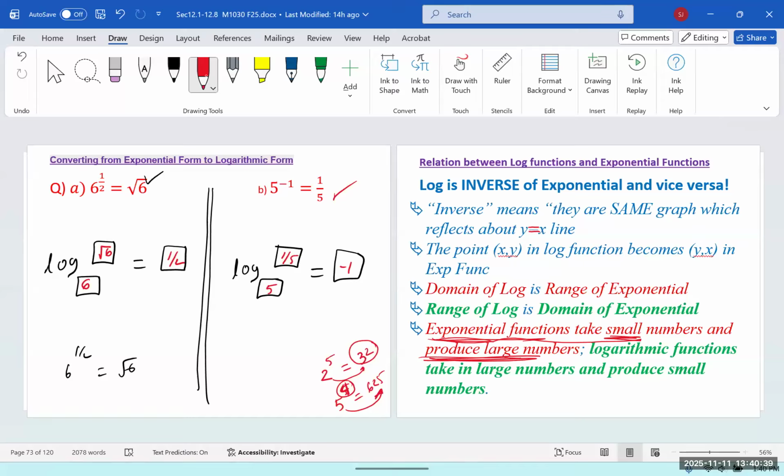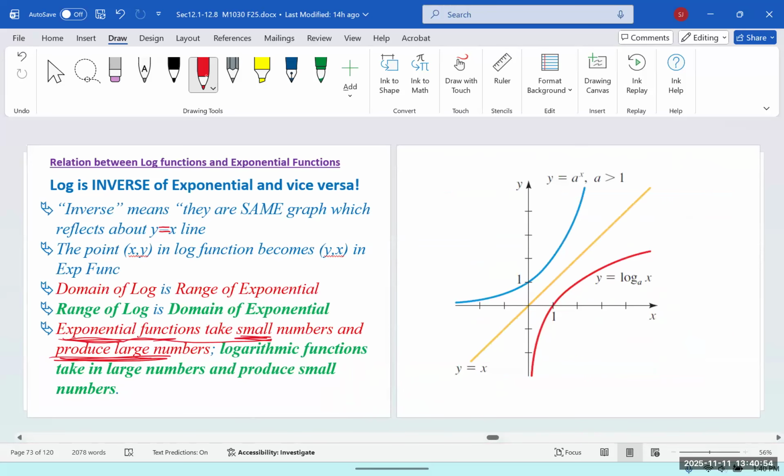It takes a big number, but it produces a small quantity. So the log makes things smaller and exponential makes things bigger. They're really opposite of one another. Another difference is that, okay, they actually have the same graph. It just doesn't look the same.